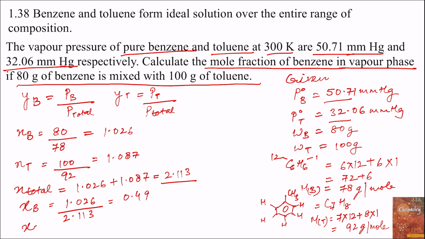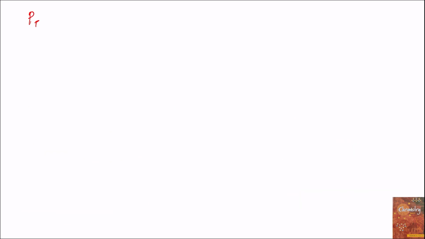And mole fraction of toluene can directly be obtained from the formula: mole fraction of benzene plus mole fraction of toluene is equal to 1. Therefore mole fraction of toluene will be equal to 1 minus mole fraction of benzene, and this is equal to 0.51. Now total pressure of the solution will be equal to P naught, that is vapor pressure of pure toluene, plus vapor pressure of pure benzene minus vapor pressure of pure toluene, multiplied by mole fraction of benzene.